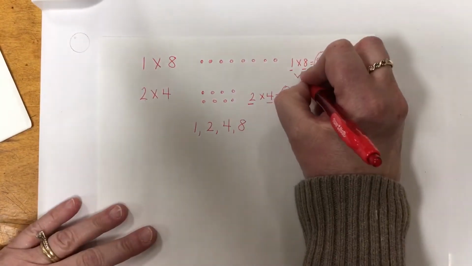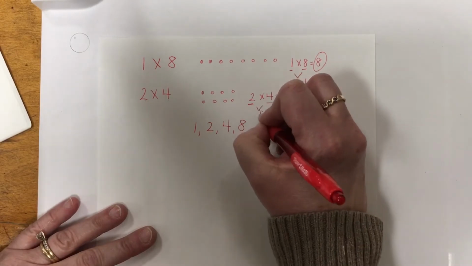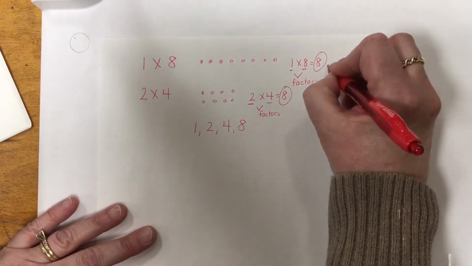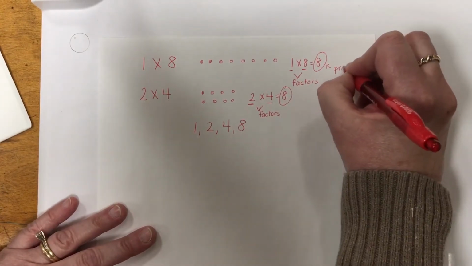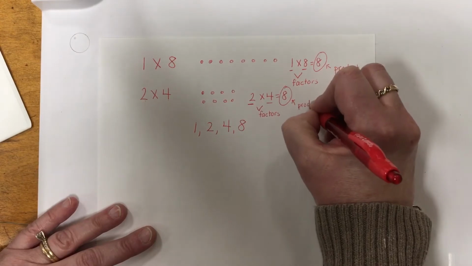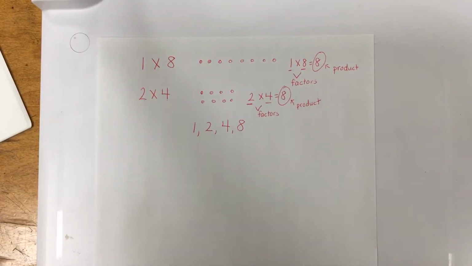So these are my factors, and 8 is my product. Remember, at any time, if this is going too fast, just pause the video. I want you writing down what I write.